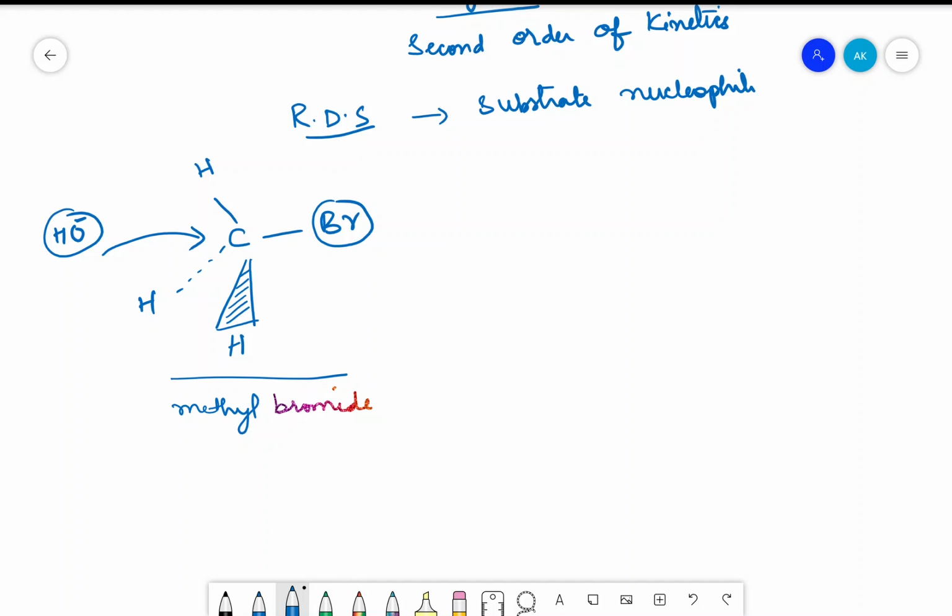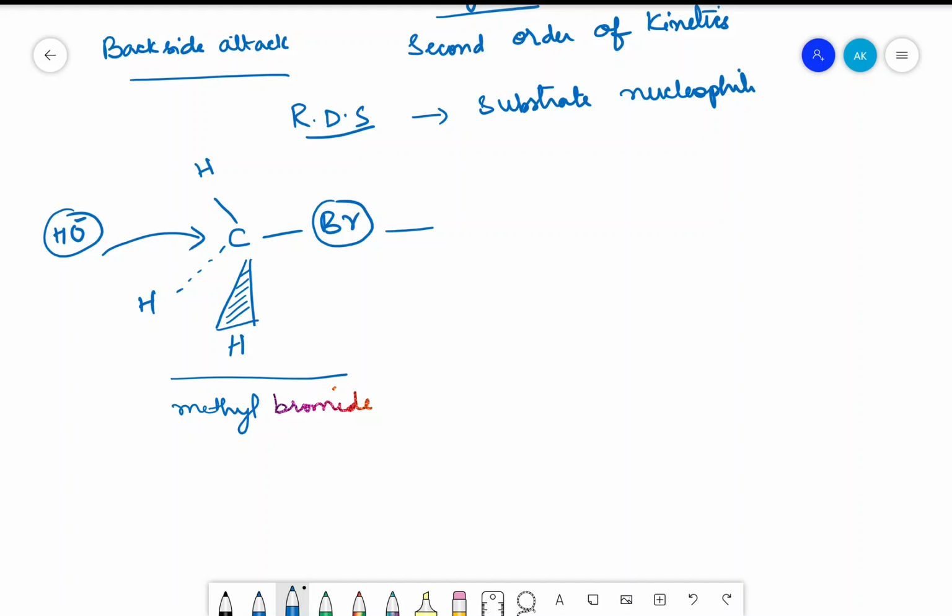That is why it will not attack from the front side, so it will prefer the opposite side of the bromide, which is called a backside attack. So SN2 reaction prefers backside attack. And the simple logic to it is because the Br and OH are all electron rich species and they repel.